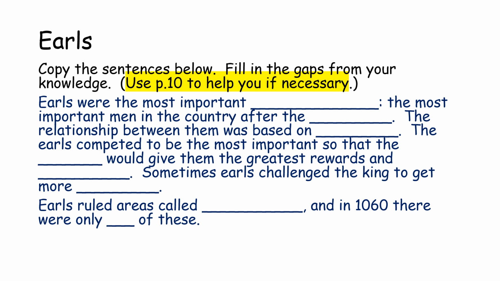Earls ruled areas called, and in 1060 there were only, and then you need a number in there, something of these. So again, pause the video, copying down those sentences, filling in the gaps from your knowledge or using the textbook.